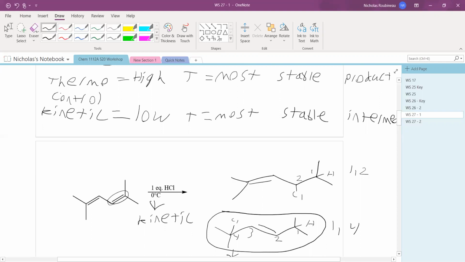So if it forms a product that's not as stable as something else that could form, it can go back to the intermediate and then go forward and form the most stable product, and that's going to be what forms the most. But when it's under kinetic control, the reaction's not reversible, so it just wants to form what it can form the most quickly, which is the most stable intermediate, because that has the lowest activation energy.